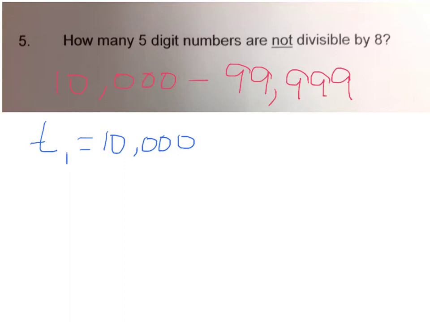If you ignore the decimals and take whatever that number is and multiply it by 8, that's going to give you your last term. So our last term in this sequence is 99,992. This is my first term and my last term.